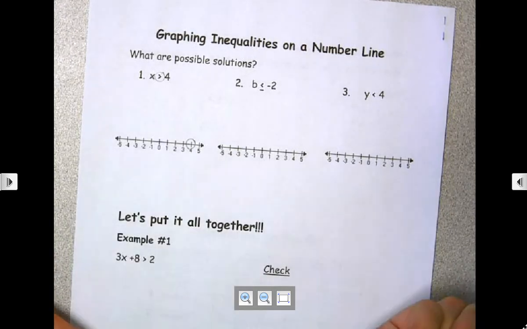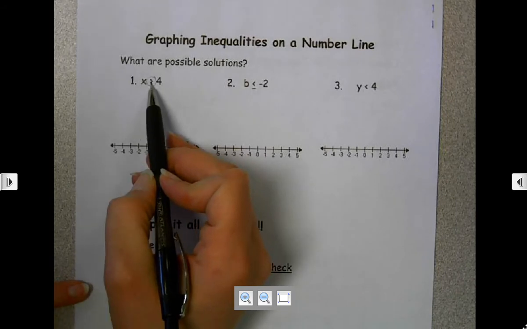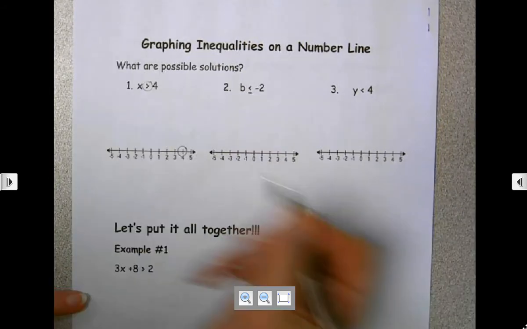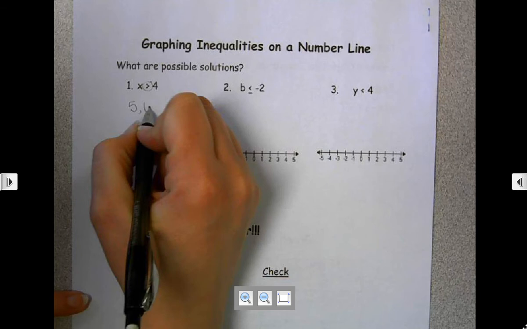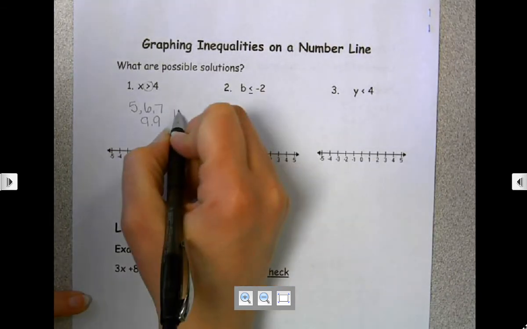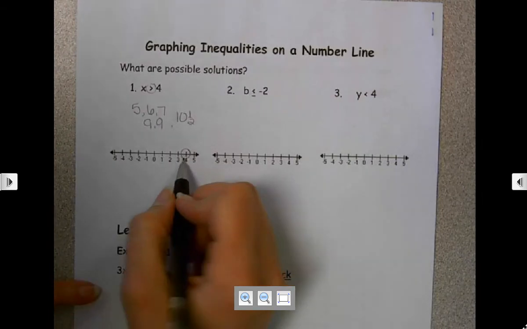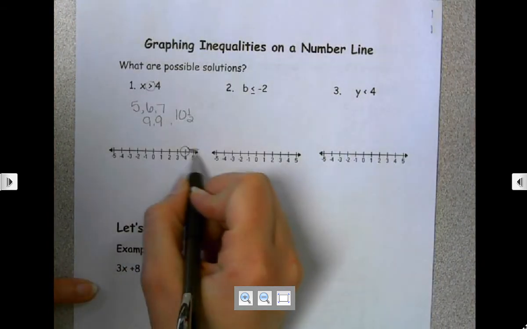And then I've got to think about what are the possible solutions that would fit into x is greater than 4. So what numbers are greater than 4? Well, 5 is, 6 is, 7 is, 9.9 is, 10.5 is, and all of those numbers, there's multiple numbers, but all of those numbers, if we look on our number line, are to the right of our circle.